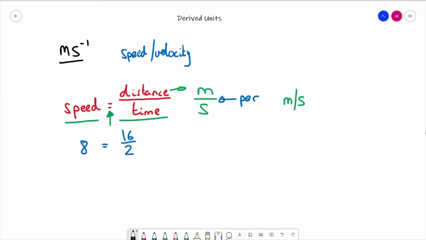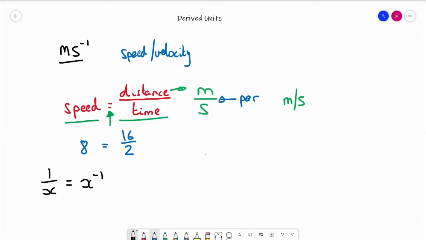This is now where we have to start to get the A-level conventions into our head. Let me just remind you from maths, we know that if we write 1 over x, so the inverse of x, another way that we can write that using powers is x to the power of -1.